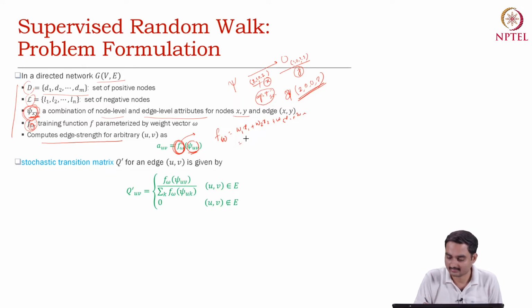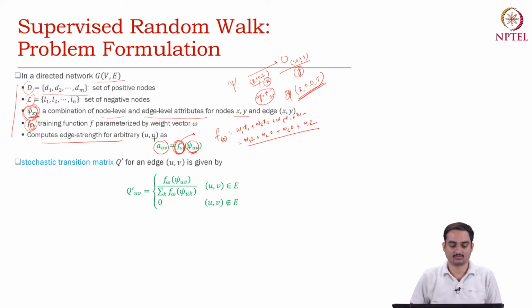So in our case this would be w1 times 2 plus w2 times 0 plus w3 times 0 plus w4 times 2. It will produce a scalar number, and this is your a_uv. So a_uv is essentially the edge strength, or the strength of a pair of nodes.